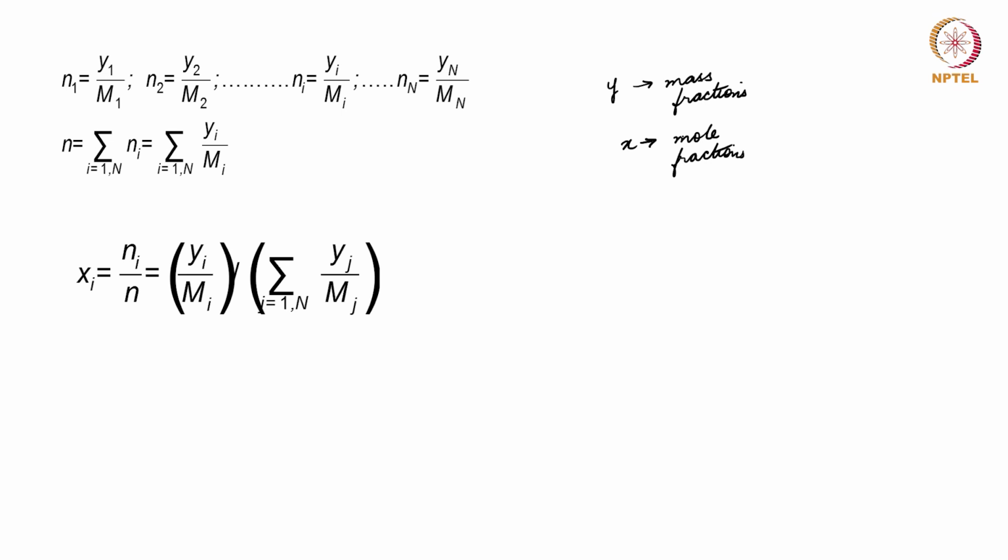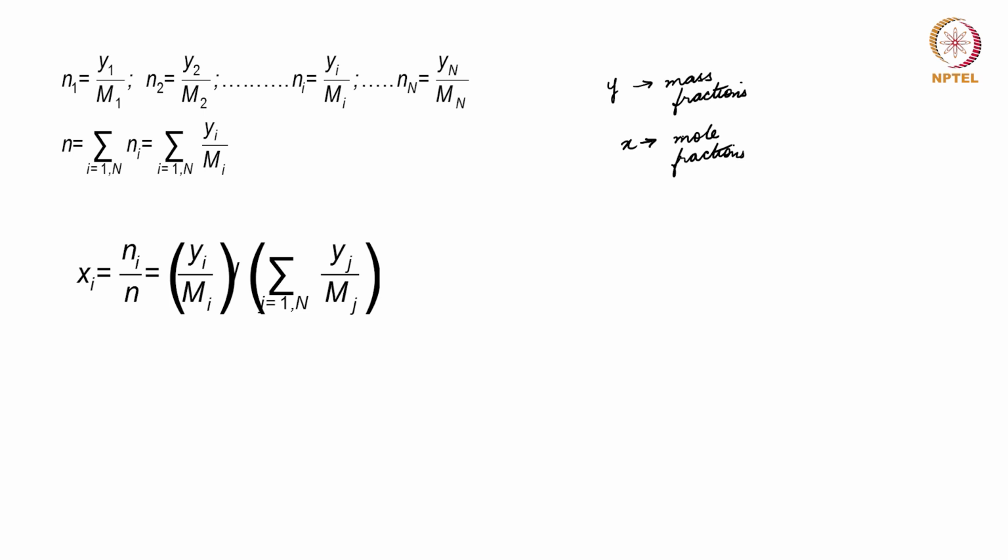If I divide mass in kg by kg per kilomole, the kilomole goes to the numerator and I get units of kilomole, which gives me the number of moles. So normally N1 is mass of component 1 by molecular weight of 1, N2 is mass of component 2 by molecular weight of component 2, and so on.